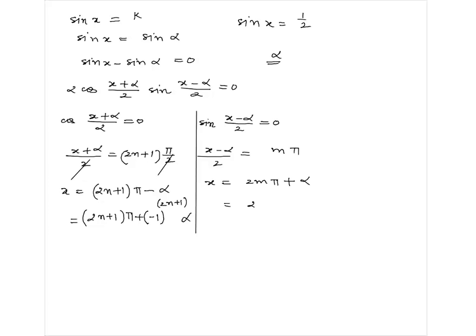And here it is 1 into alpha, but 1 can also be written as minus 1 to the power even. 2m is even, right? 2m is even. Up to this point, any questions? Let me know.